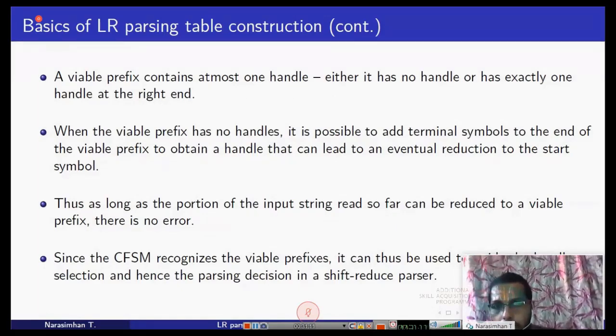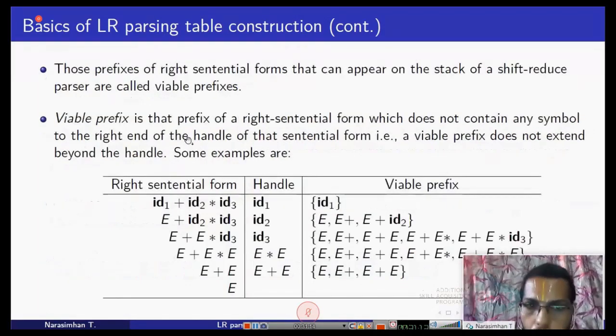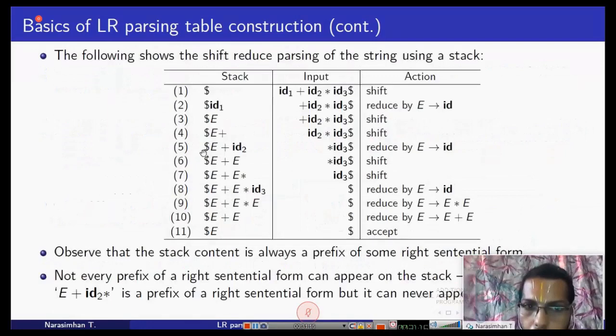Let me again clarify. Here E is a viable prefix. There is no handle here. Here E plus is a viable prefix. There is no handle here. Here E plus ID2 is a viable prefix. Remember, viable prefixes are those which can be found in the stack.